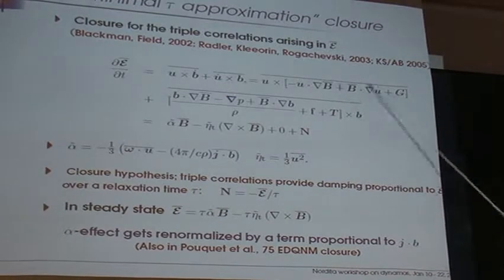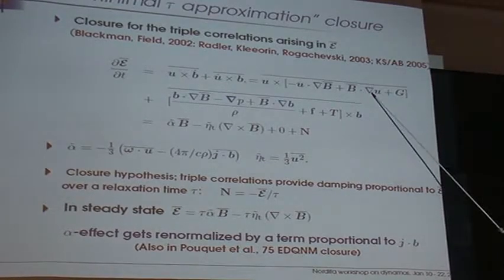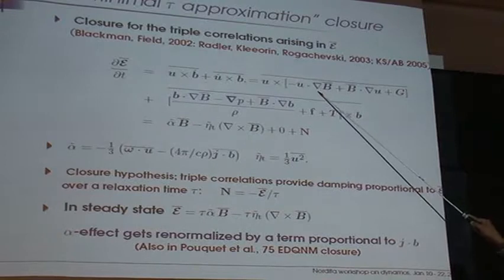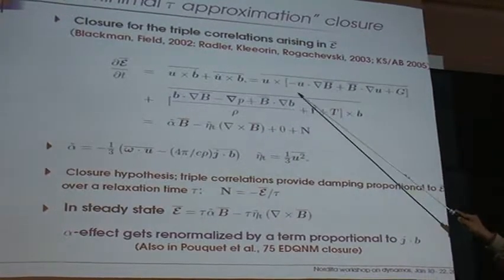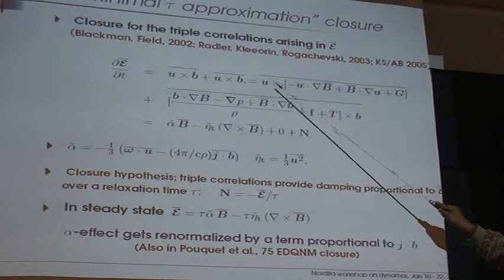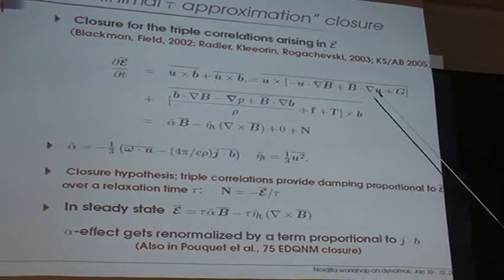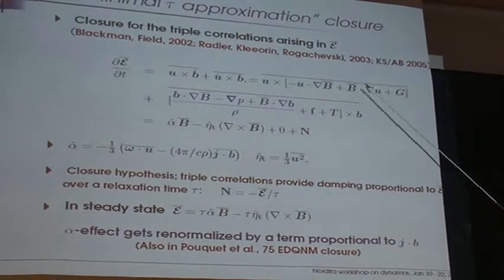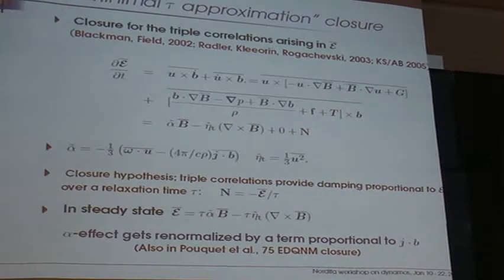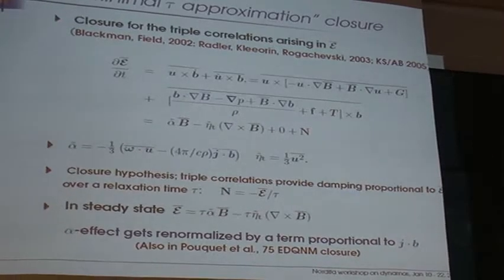You can simplify these terms. So this is exactly what we discussed as a turbulent diffusion, advection of b bar by u, and the electromotive force due to that. And this is exactly what we would have discussed as the alpha effect, except there is no integration over time, two times here.